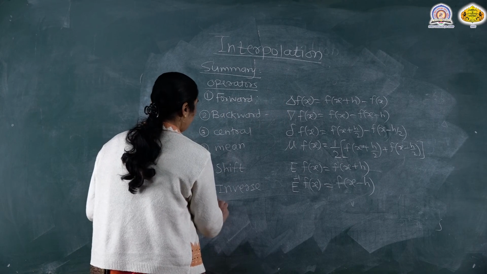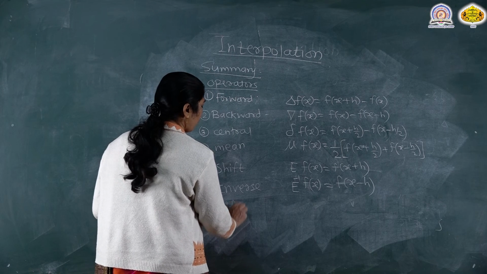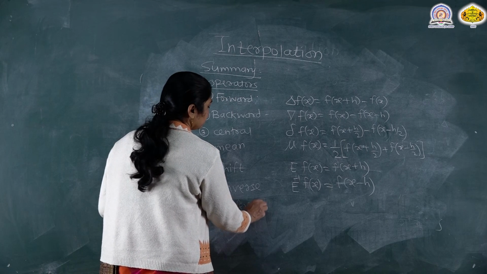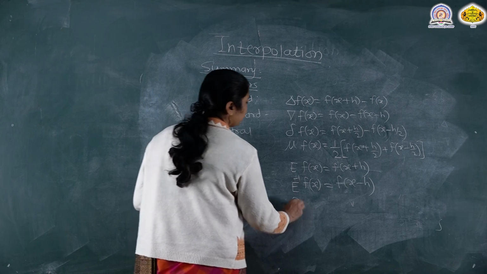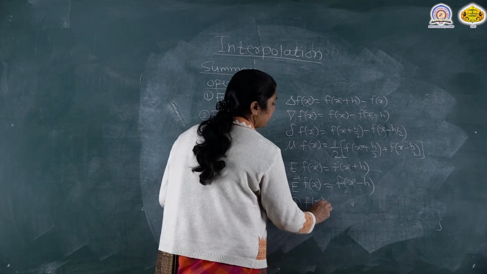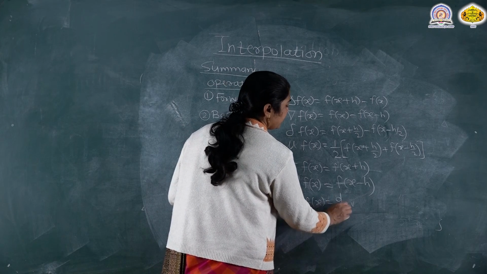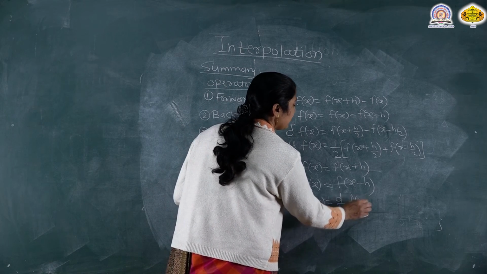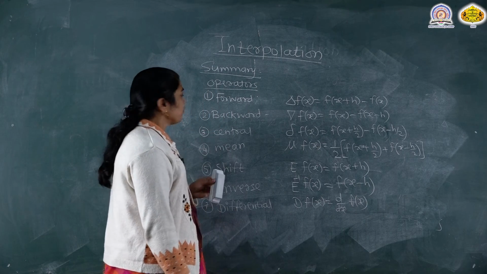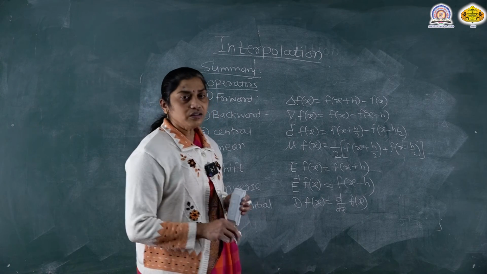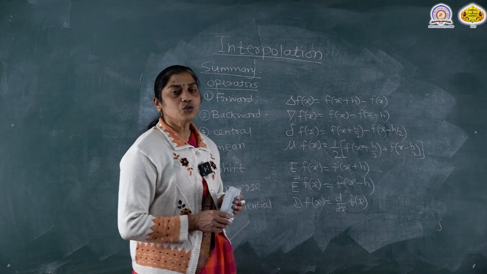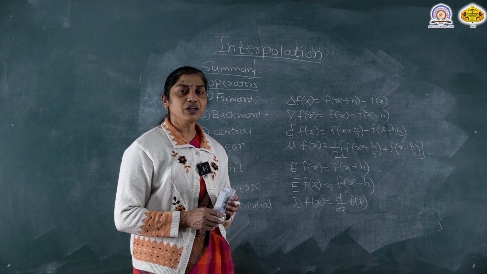And the seventh operator is the differential operator, given by Df(x), and it is nothing but d/dx of f(x), that is our derivative. So we have seen these 7 difference operators and the relations between them also.